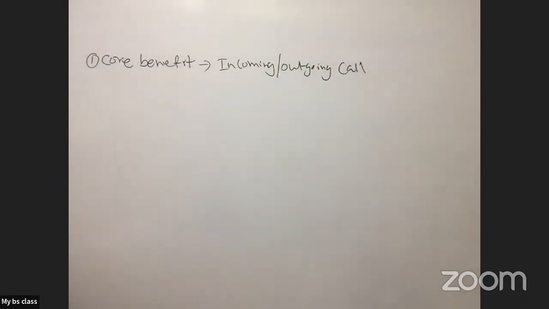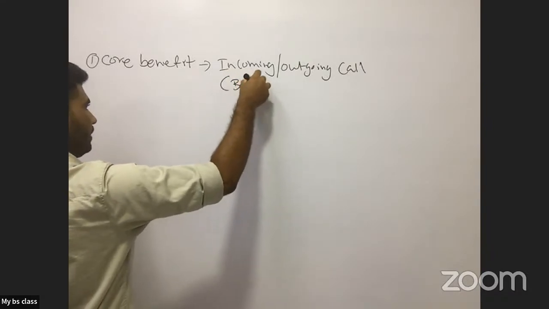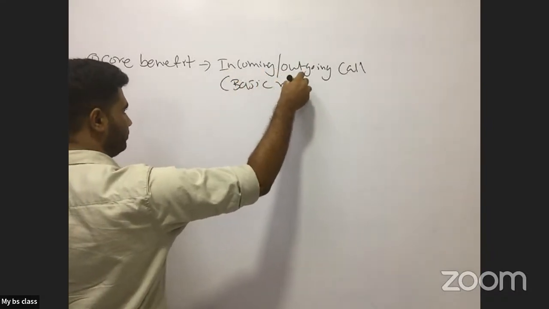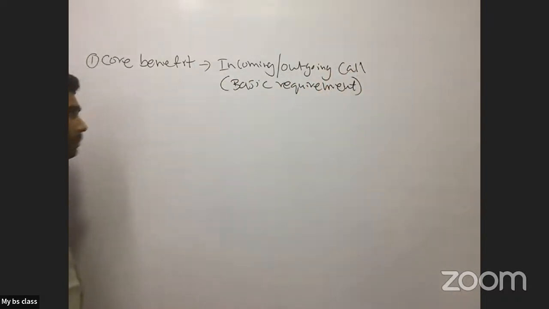So you can write that the core benefit is just the basic requirement that you expect. Basic requirement. Right? Number 2.